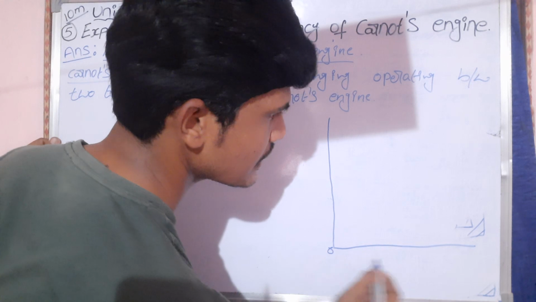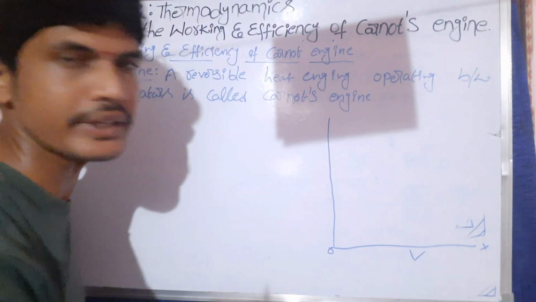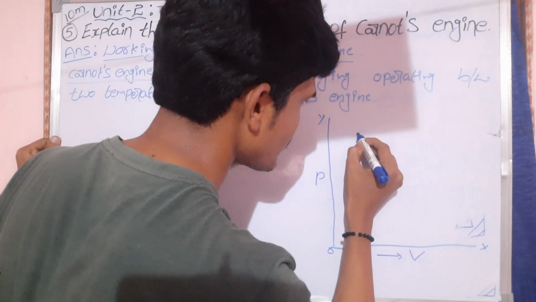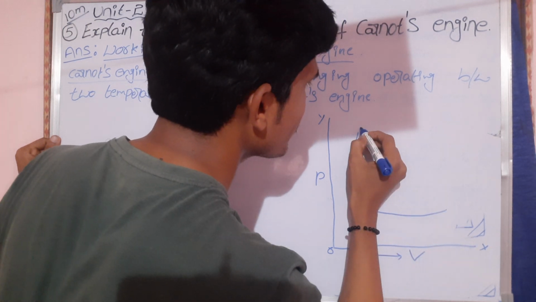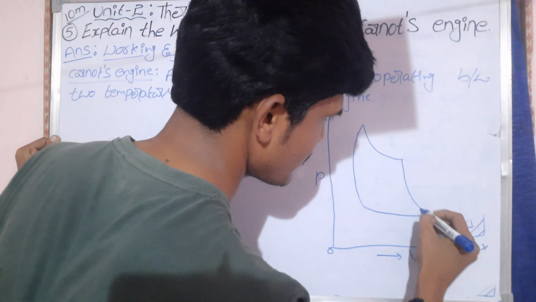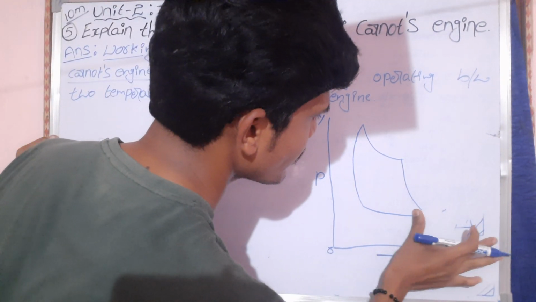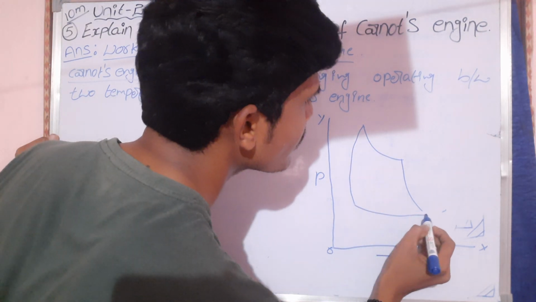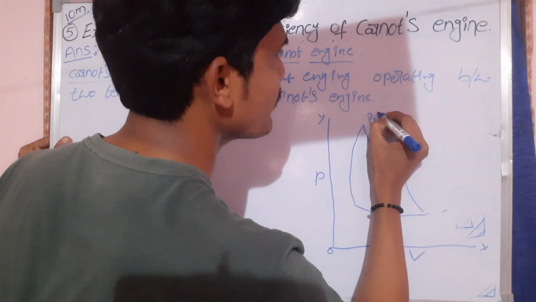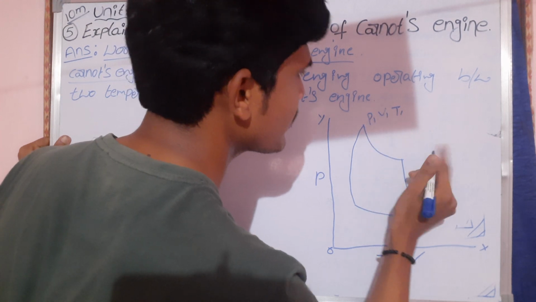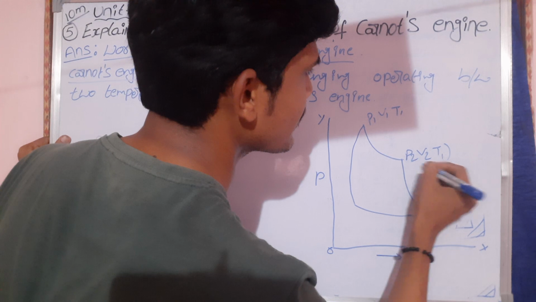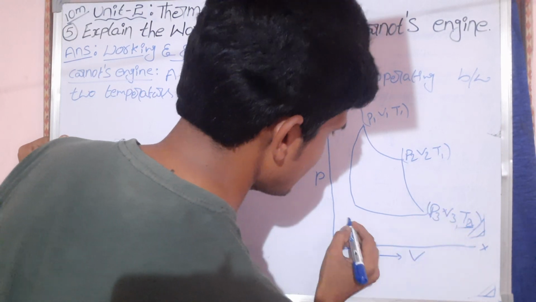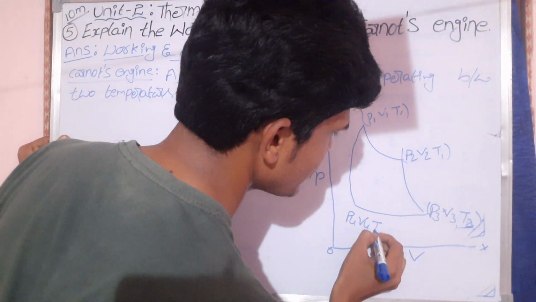The x-axis is taken as volume V, and the y-axis as pressure P. These are the points P1, V1, T1; P2, V2, T1; P3, V3, T2; and P4, V4, T2.